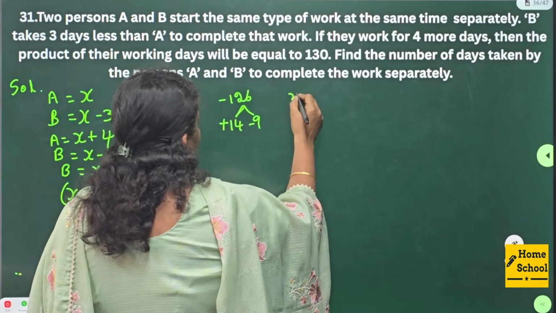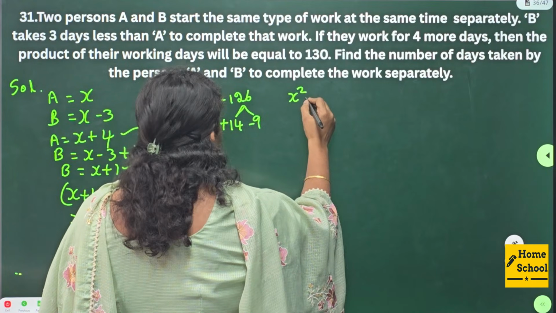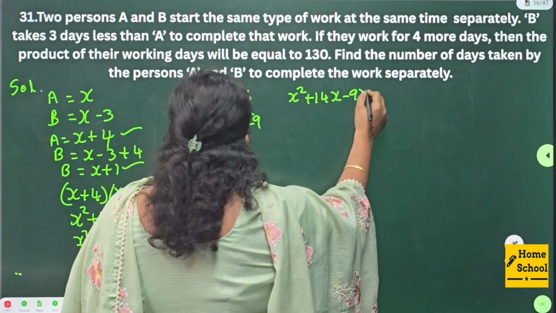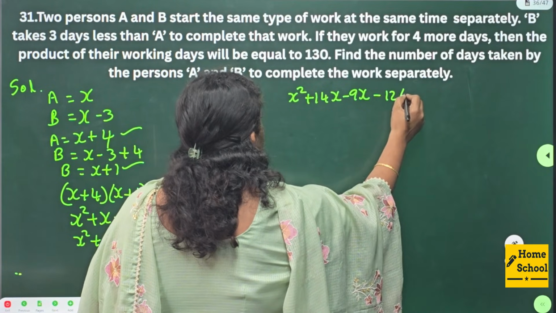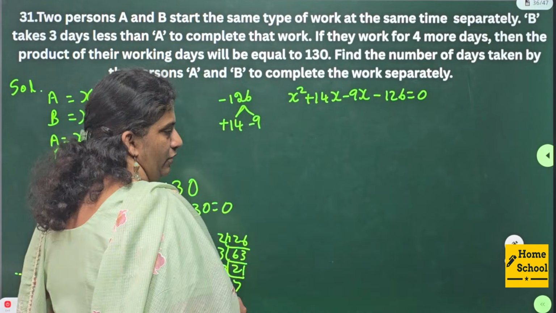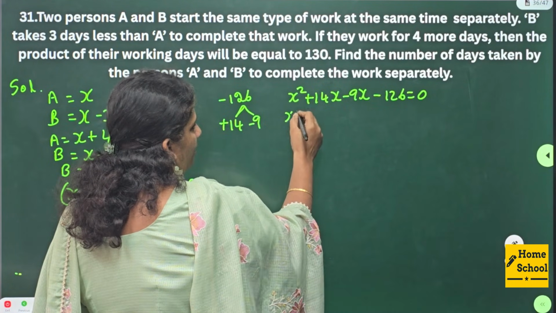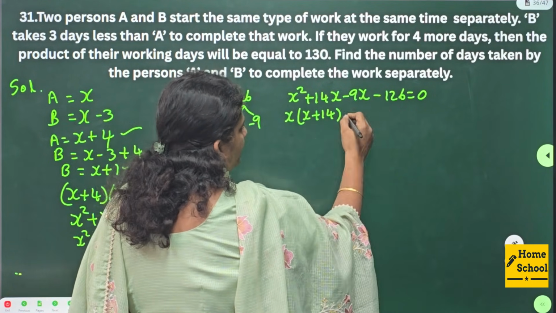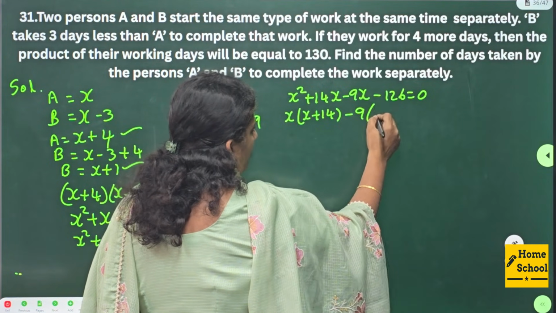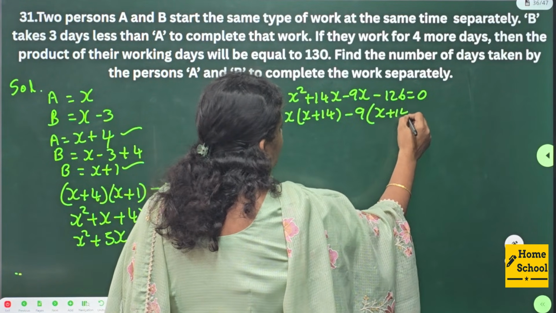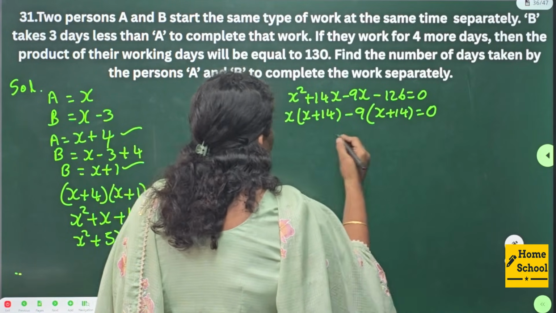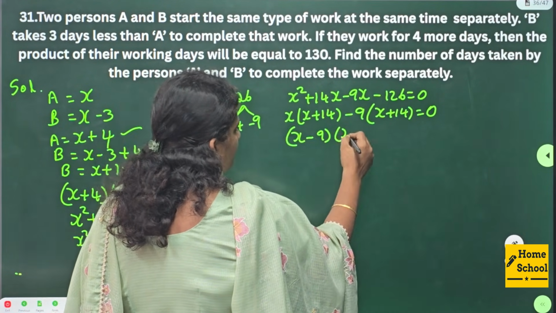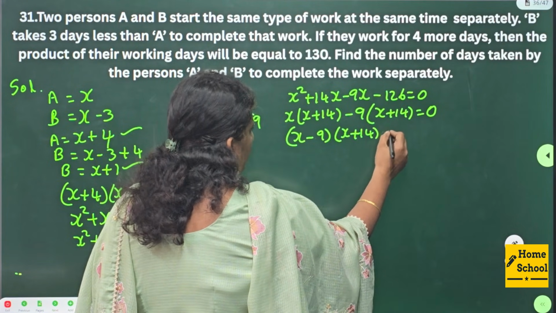And now write the equation: x square plus 14x minus 9x minus 126 equal to 0. Now take out x common, x plus 14, and among these two take out minus 9 common, x plus 14. So (x minus 9) into (x plus 14) equal to 0.